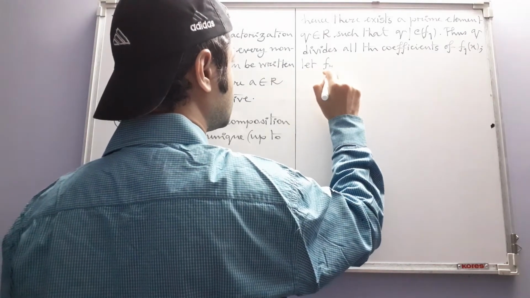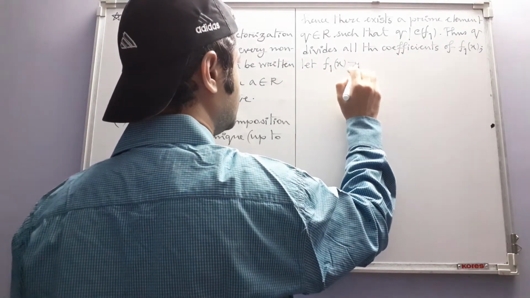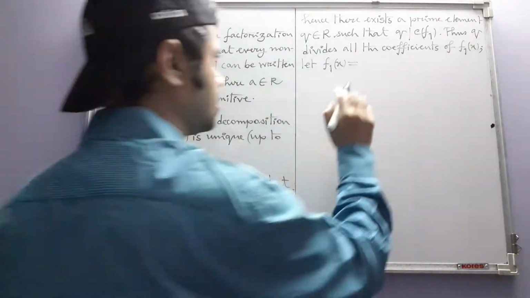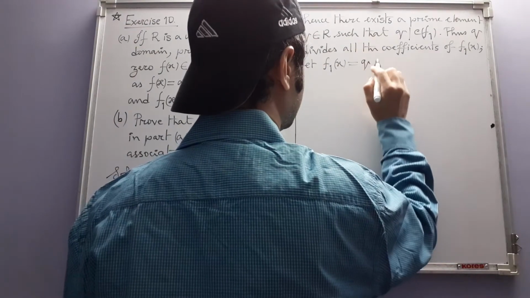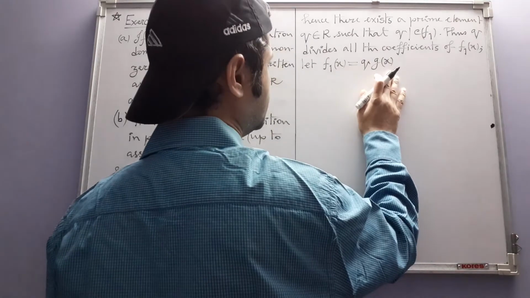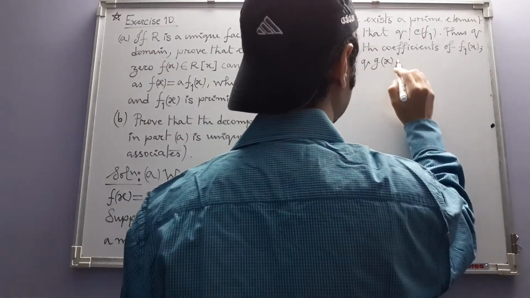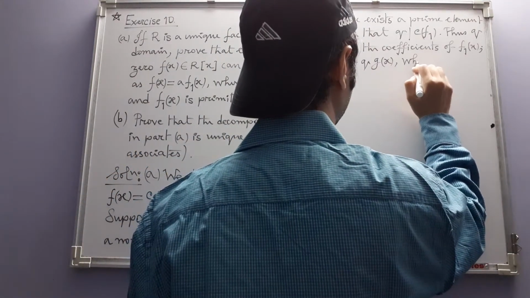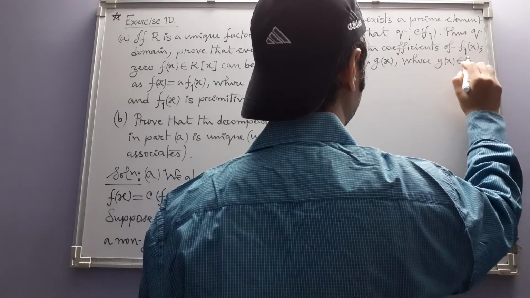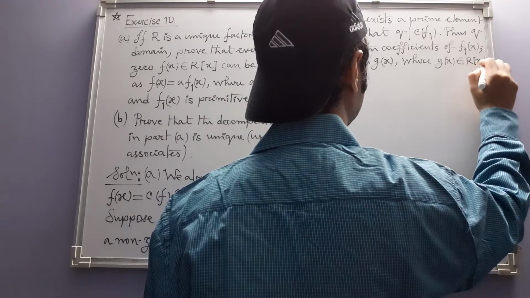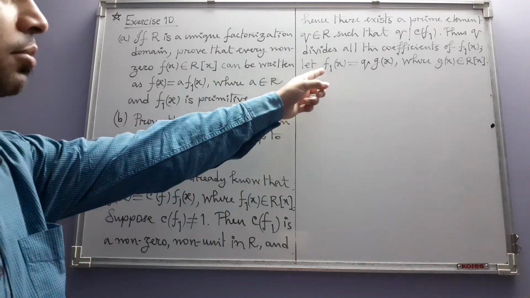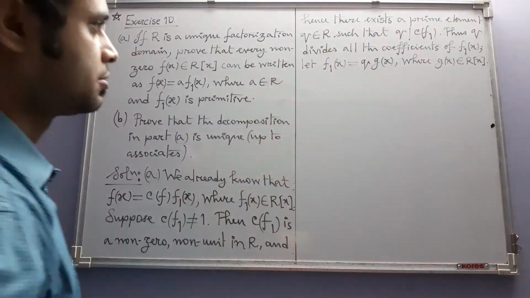So that means if we take q common out from all the terms of f1(x), we will have a decomposition of f1(x) itself like this, where g(x) is that polynomial over R which is left when you take q out from all the terms of f1(x).